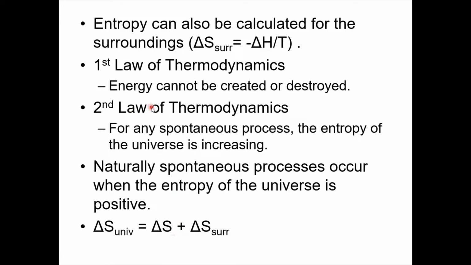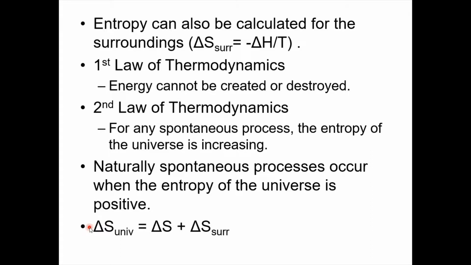And according to the second law of thermodynamics, when you take your delta S of your system, add it to the delta S of the surroundings, usually they're opposite signs, but they're not the same magnitude, they're not the same size. If the delta S of the universe is positive, then your process is actually spontaneous. And when it comes down to it, that is what's making a chemical reaction take place.